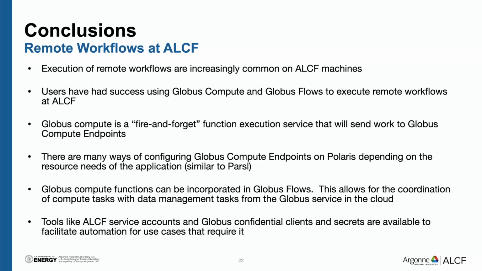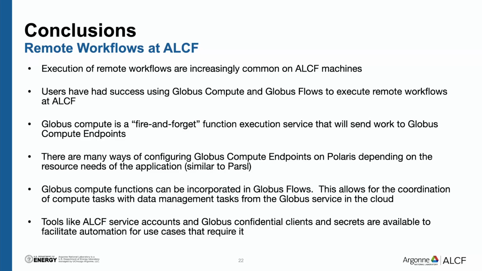This can work with two levels of tools. One is Globus Compute, which is a fire and forget function model that will send work to Globus Compute endpoints. The Globus Compute endpoint has to be configured by the user on the system of choice: Polaris, Sophia, Aurora. You need to give it a description of the resource needs for workers and the details of your allocation on our systems.